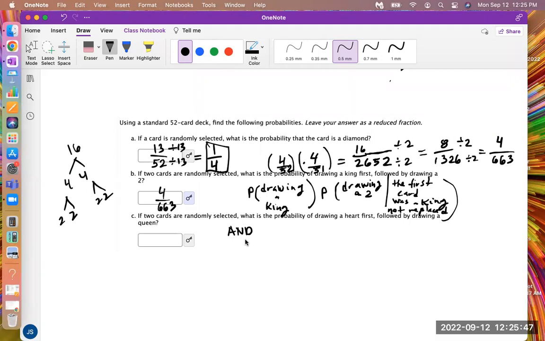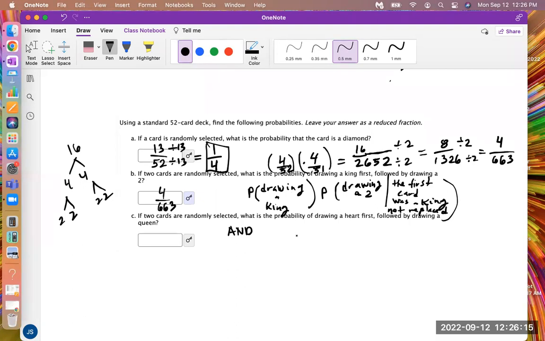This one's a little strange because the 2 events that they're asking us about are not mutually exclusive. You could be a heart and a queen at the same time. Normally, we wouldn't worry about that, only with the or problem. However, that may play into how many cards we have left when we're doing this calculation.